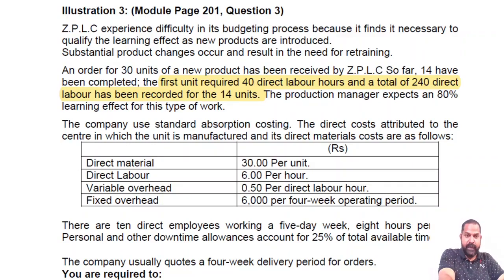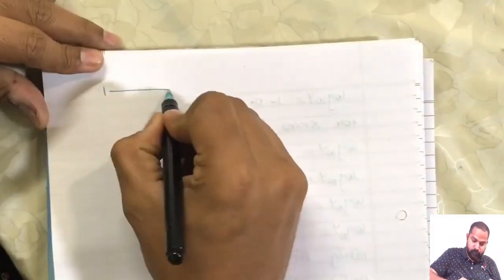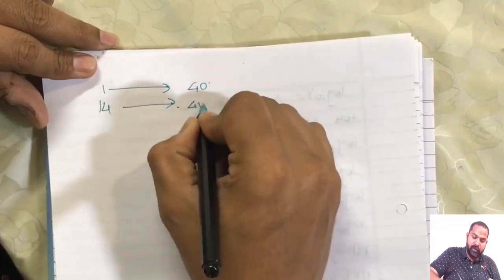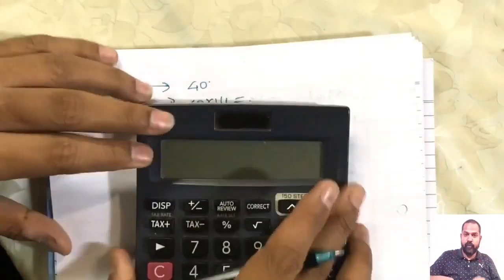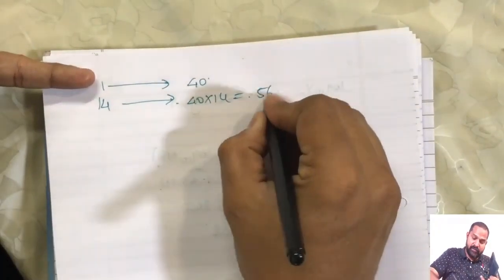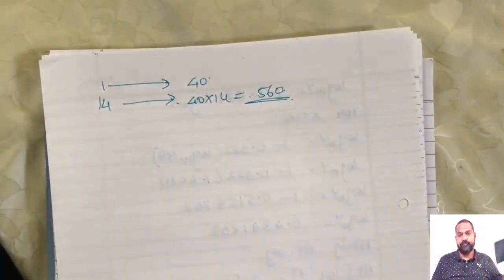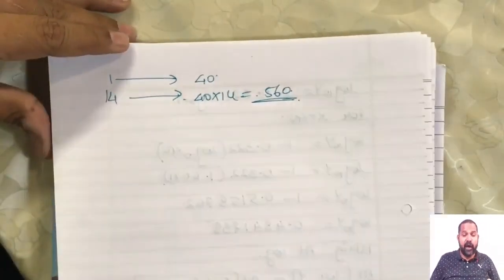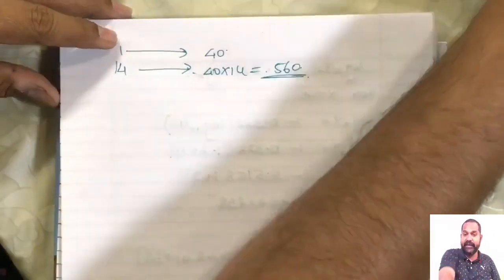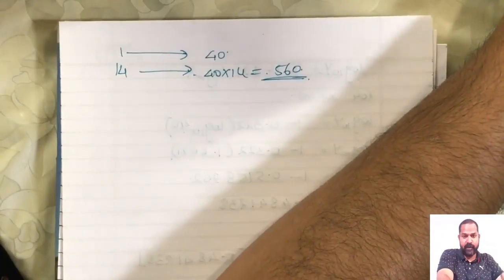So if the first article takes 40 hours, then 14 articles should take 40 into 14. What is 40 into 14? 40 into 14 is 560 hours. But what are they saying? How much time are these 14 articles actually taking? Let's go back.